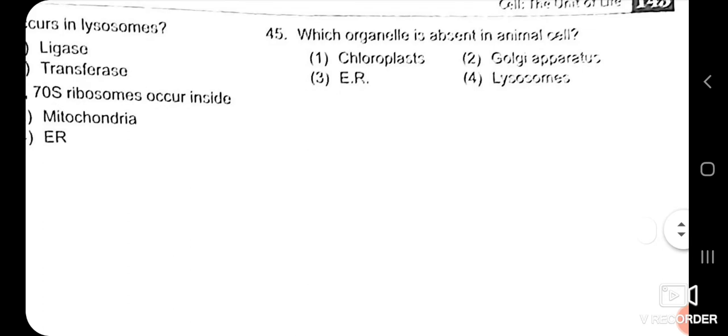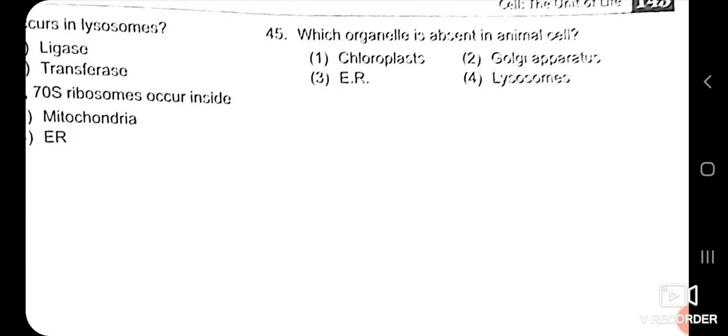Next MCQ. Which organelle is absent in animal cell? Chloroplast, Golgi apparatus, ER and lysosome. So in animal cell we cannot observe chloroplast because chloroplast is a type of plastid, and we have seen that these plastids are only found in the plants, but in animal the chloroplast is absent.